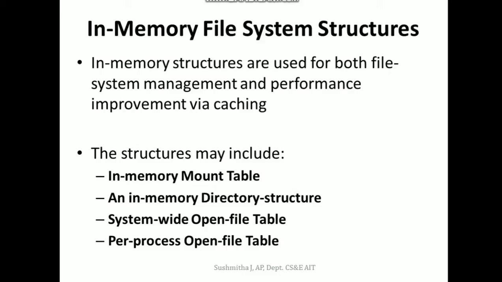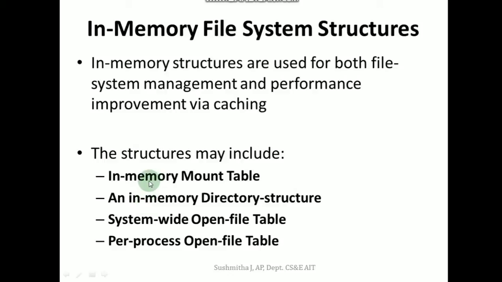So in-memory file system structure are used for file system management as well as performance improvement via caching. And there are various data structures and there are various tables that is maintained. We can see it listed here.